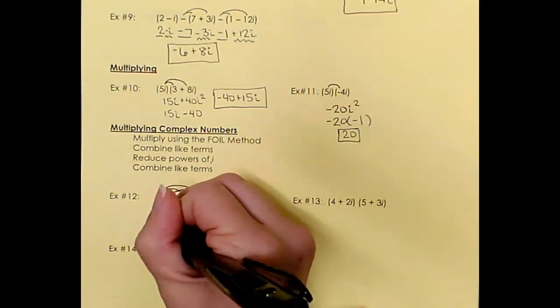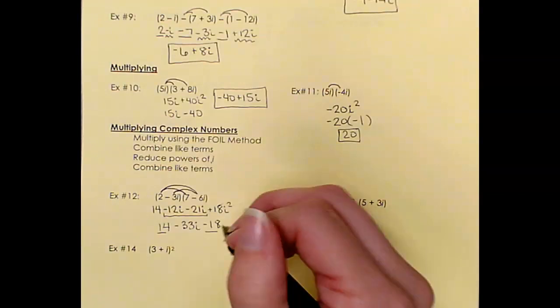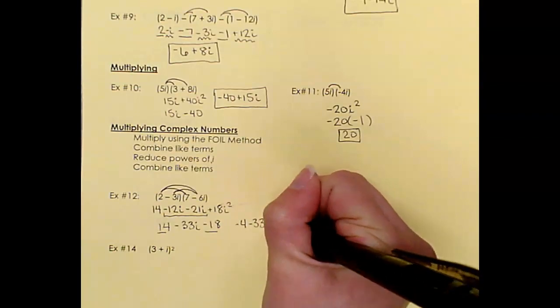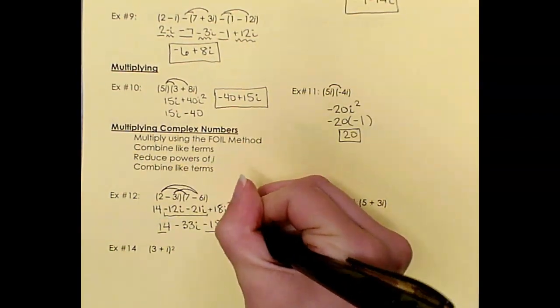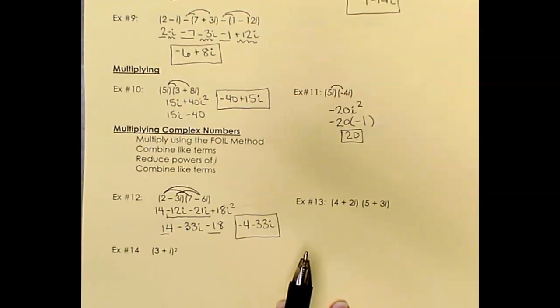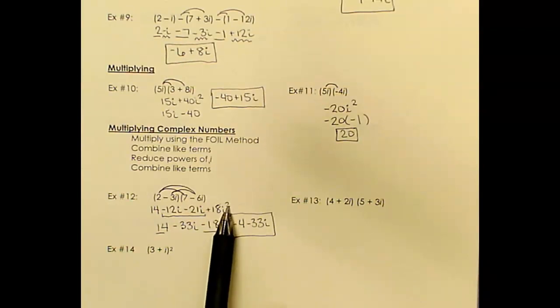And if I put 14 and negative 18 together, 14 minus 18 is negative 4, and I end up with negative 4 minus 33i. So it's very similar to foiling with an x variable. The only real difference, though, is making sure you reorganize. Make sure that you reorganize to make it look like a complex number. And if you have i squared, that becomes negative 1, so you can kind of simplify that term.